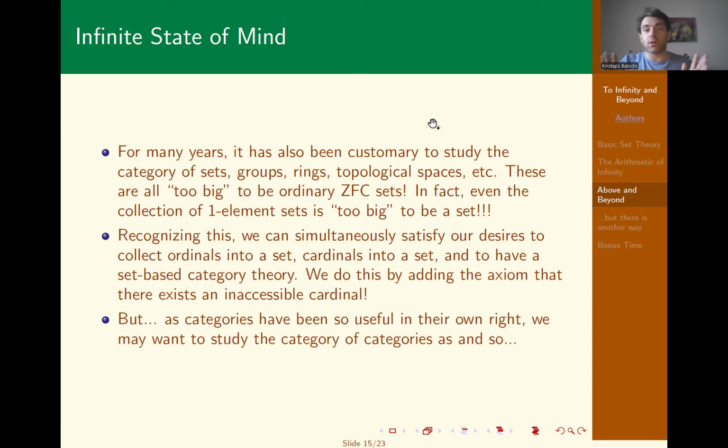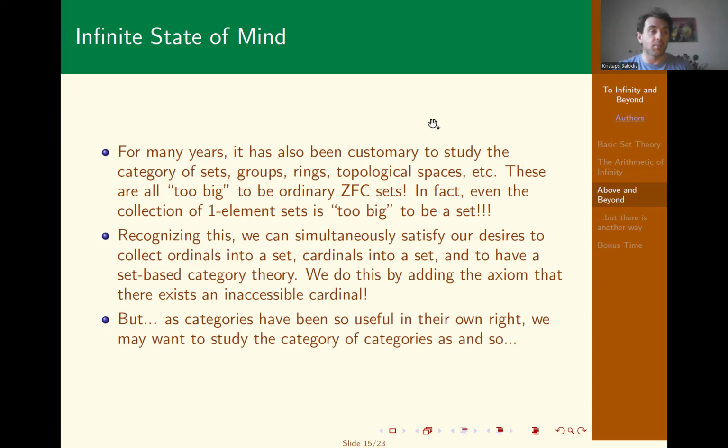Or maybe you don't even care about that, but take the category of topological spaces, with its class of objects being topological spaces. You want to study functors from that category to itself. Well, now the whole collection of functors of that category is going to be even bigger than our inaccessible cardinal.